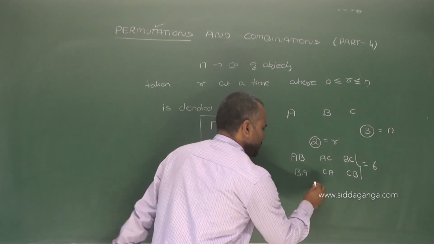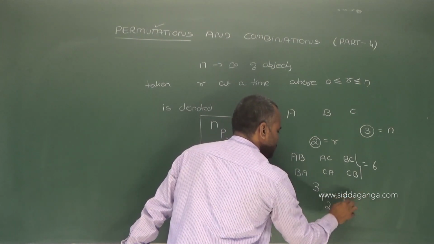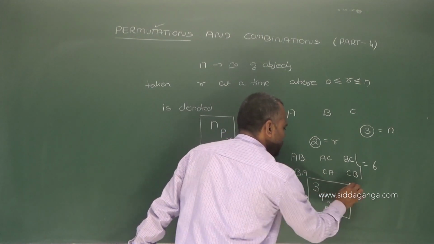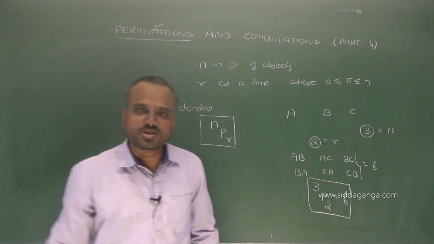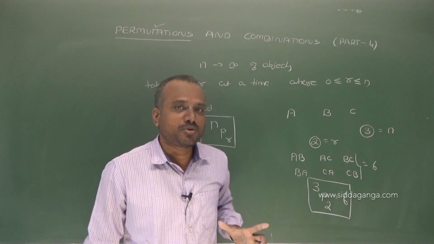3 number of objects, we have to arrange 2 at a time. So the total answer is 6. 3P2 is 6. What is the notation for permutation?